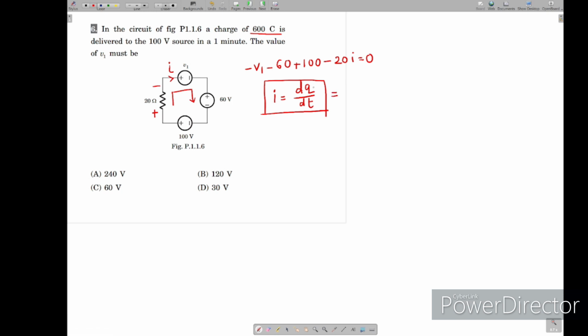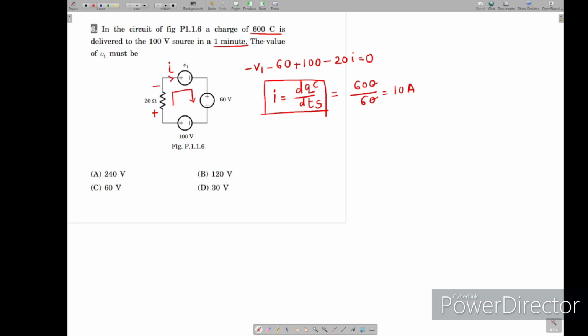So here the charge is given and the time is 1 minute. The exact units are coulombs and seconds, but it is given in minutes, so we convert to 60 seconds. So this is 10 amps. But I took this when I didn't know the current direction.